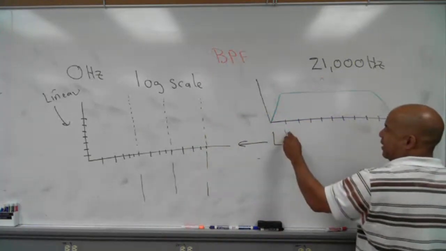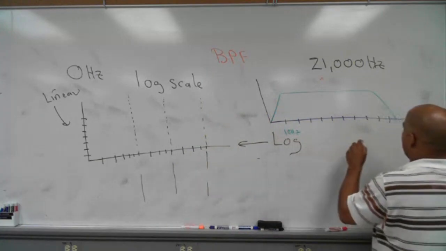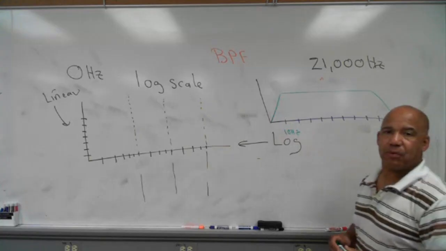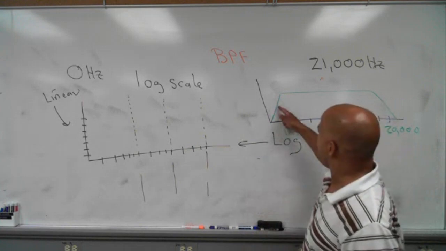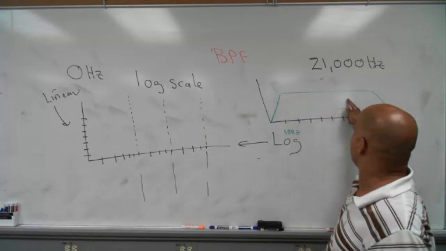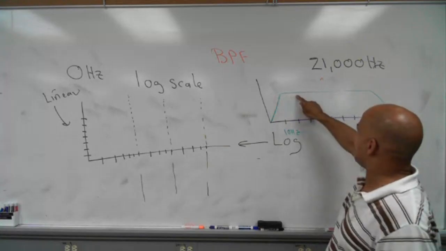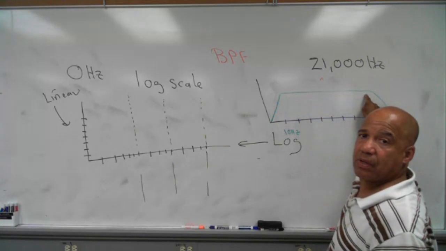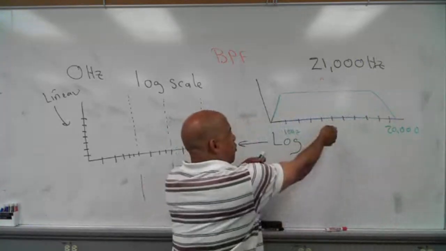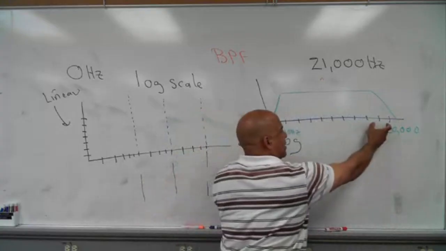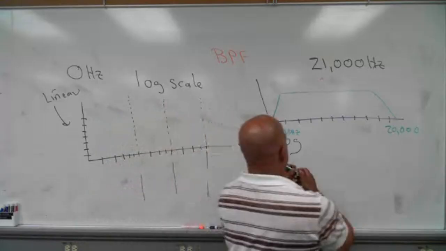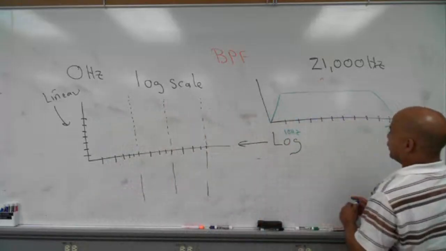And maybe this might be 10 hertz, and this might be 20,000 hertz. Now, the point I'm trying to get across to you is right here, there's nothing changing. It's pretty much constant. There's no variations in the top of the scale, the height of it. Since that's the case, if I could pull the scale back to make some of these tick marks get closer than others, so it looks like this, then the scale will be compressed.